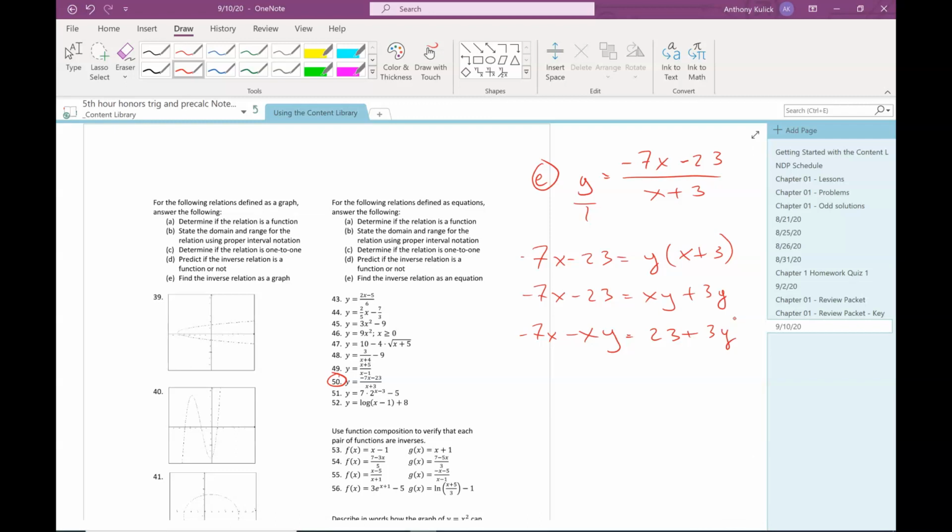Now, because I have only things with x's on the left-hand side, I can factor. So there's a greatest common factor of x in each of them, so I can take that out. And then I can divide both sides by the -7 minus y.